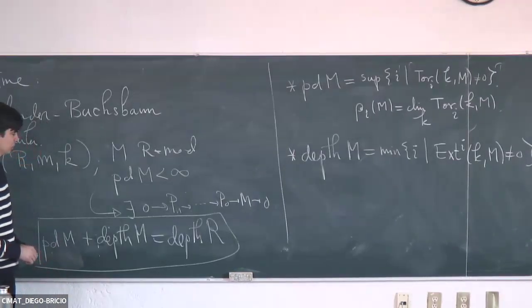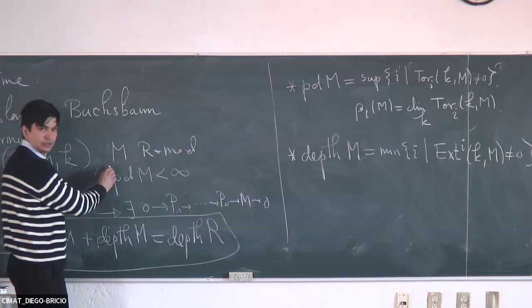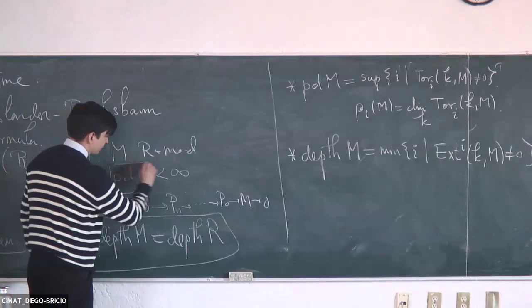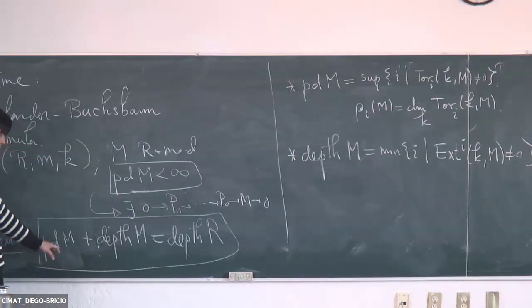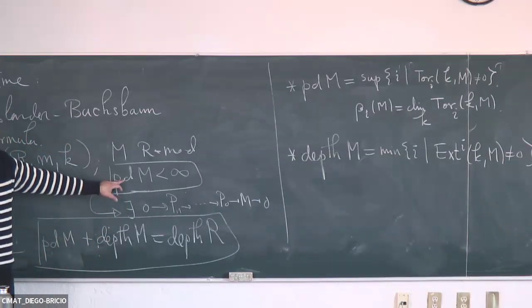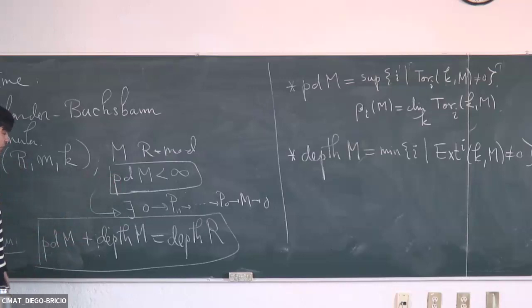The reason why this hypothesis here is very important is that this formula can be proved by induction on this number. And to do an induction on a number, you need that number to be finite, to be an actual number.